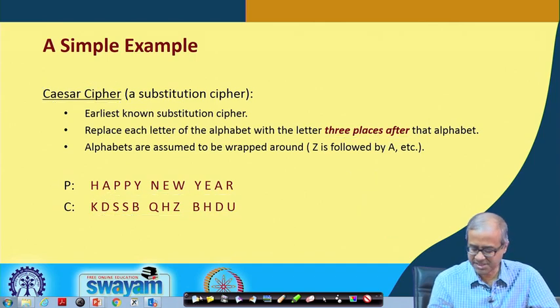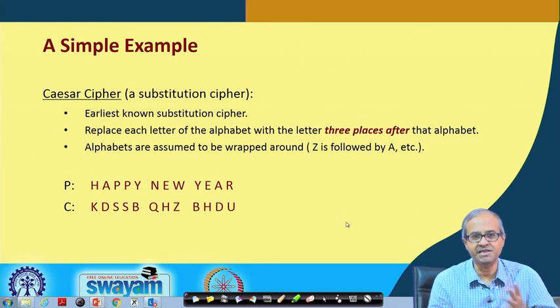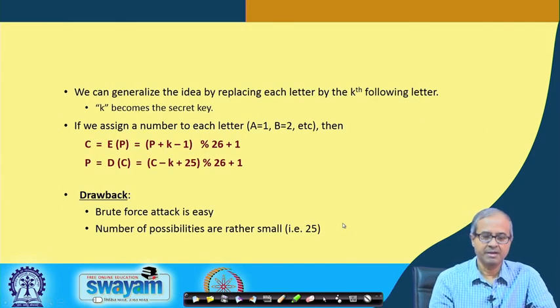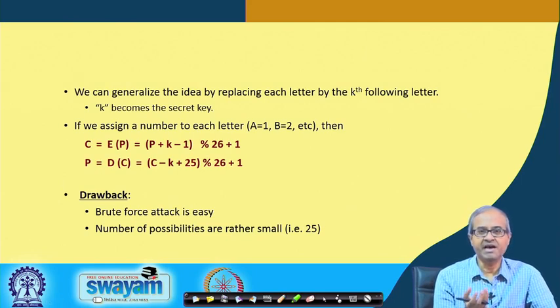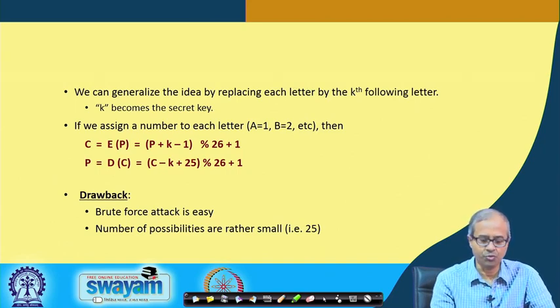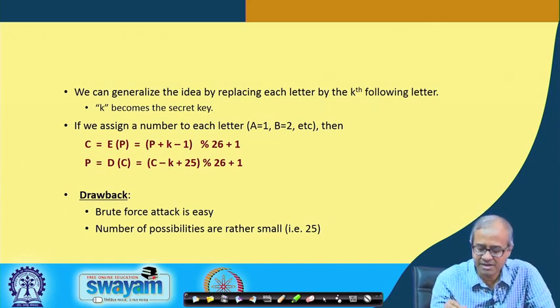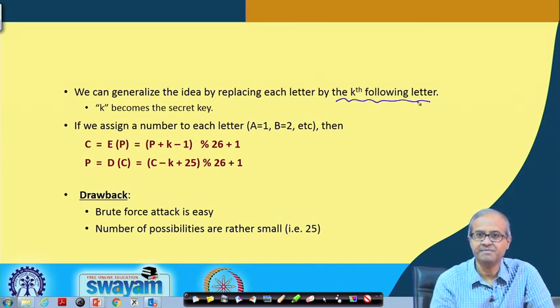Okay. This method is very simple, as you can understand, but as such in this method there is no concept of a key. I have a message, I replace every letter by the third next letter. Now, you can generalize the Caesar cipher concept to make it dependent on a key as well. So, what we do? We do not replace a letter by the next third letter, but we replace it by the kth next letter.